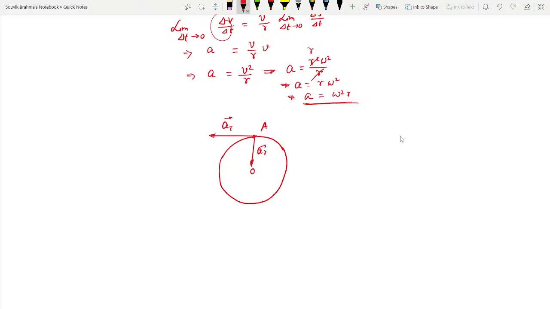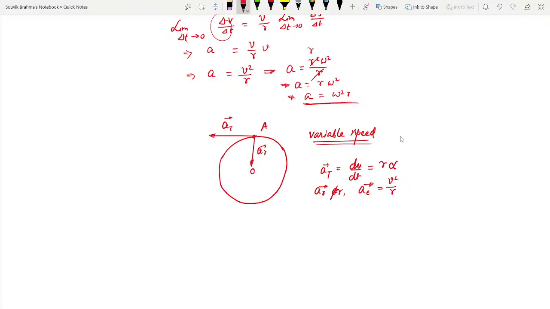But this is the condition when the particle is moving with variable speed, not constant speed, variable speed. उस condition के लिए याद रखो ये वाला चीज, variable speed के लिए। और ये जो a t है, tangential acceleration, that is equal to dv by dt, or it can be written as r alpha। और जो रेडियल एक्सेलरेशन है, उसको हम लोग सेंट्रीपिटल एक्सेलरेशन भी बोलेंगे, a c, that will be equal to v square by r.